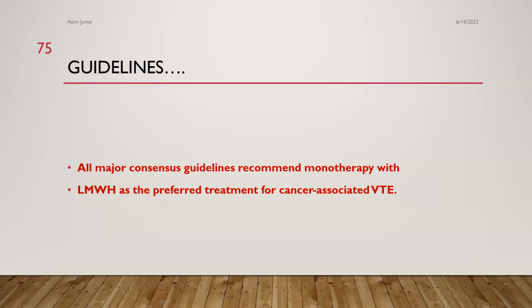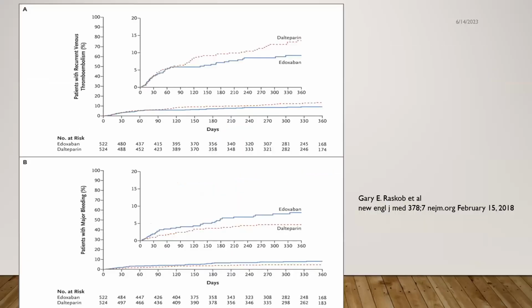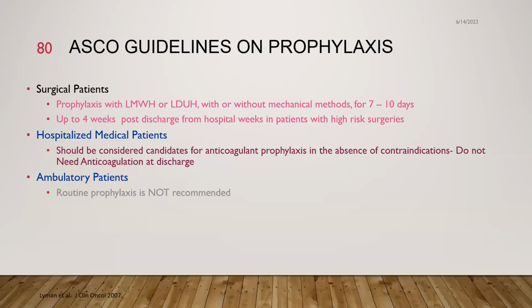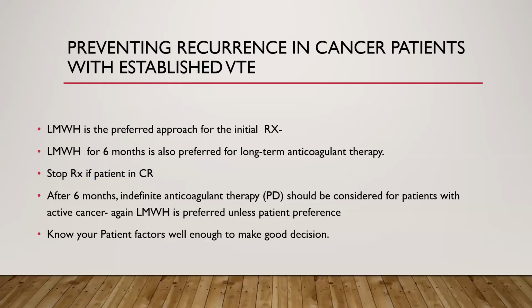In terms of guidelines, this is what we talked about, and I don't think there's much difference. For example, they recommend low molecular weight heparin, and hospitalized patients should be put on anticoagulants. Thank you. So we go to the case.